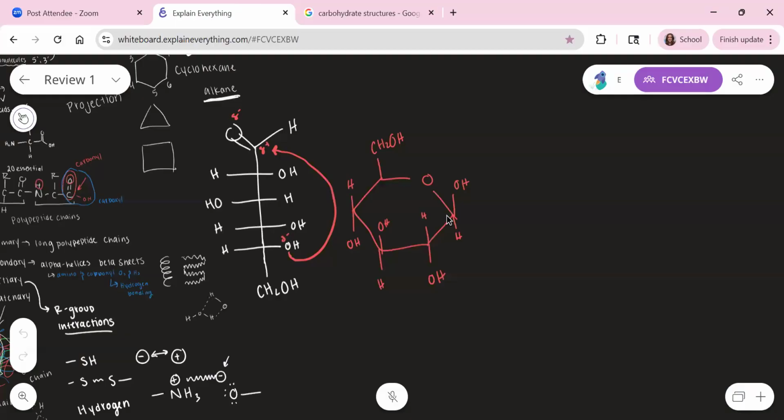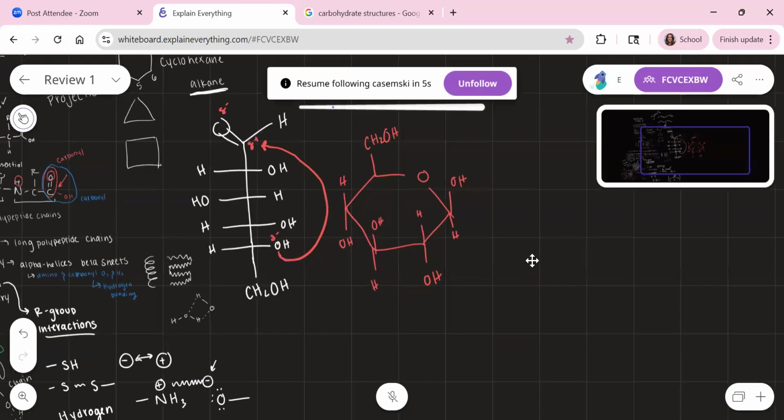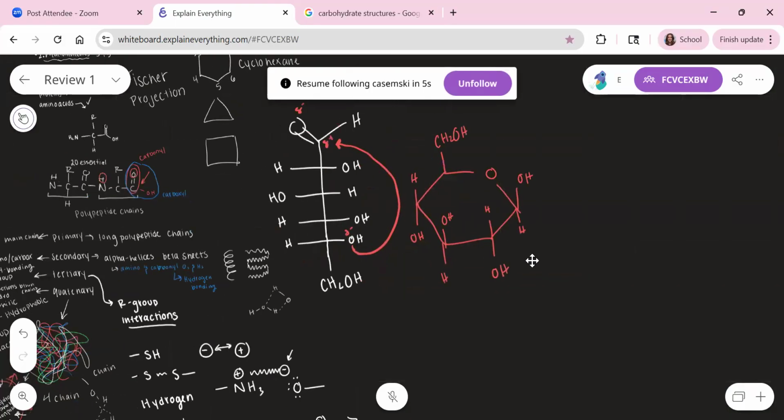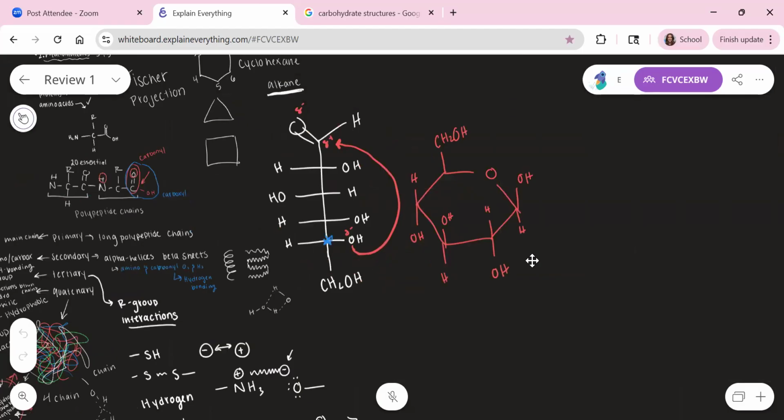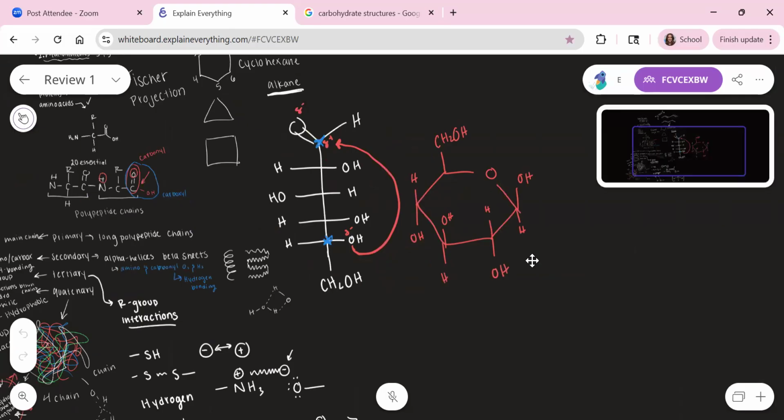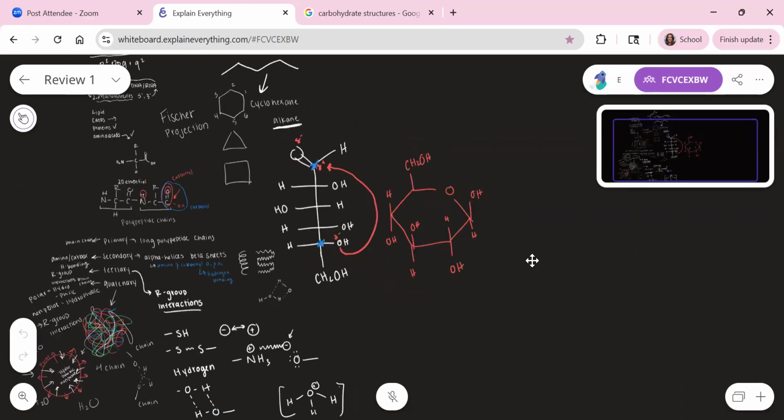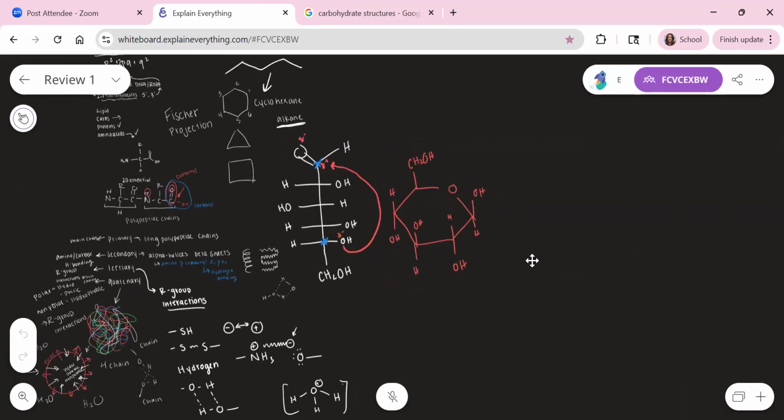Okay, do you guys see this now? I'm going to highlight this carbon right here and this one right here. They will be these two carbons right here.